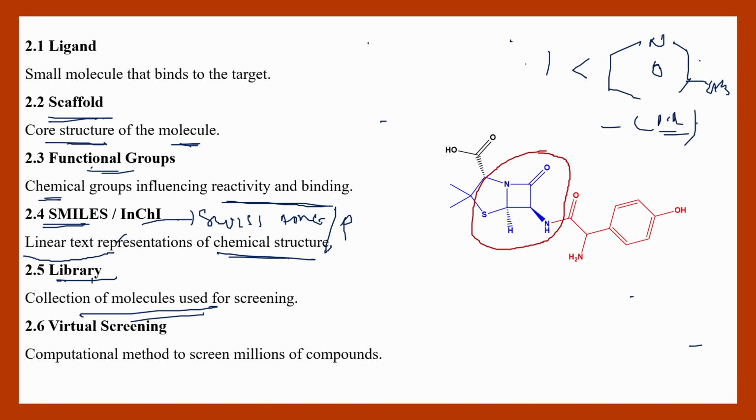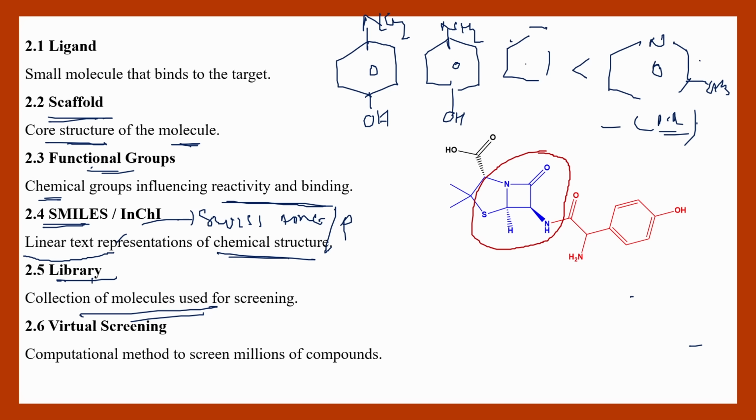See, we have one compound. Here it is the phenol ring containing the nitro. Now I replace this nitro group with an NH2 group. Third, I replace this NH2 group with no substituent, no derivative.